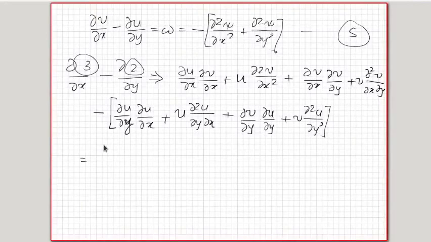This is equal to the viscous term, which is del squared by del x squared and del squared by del y squared.